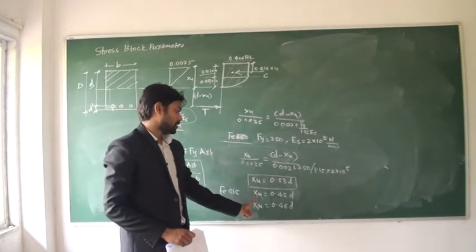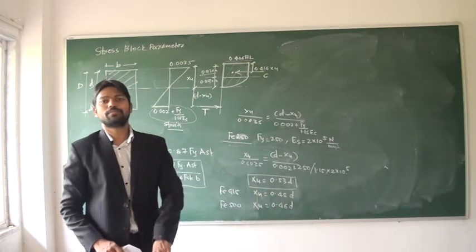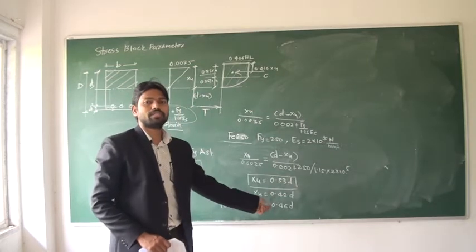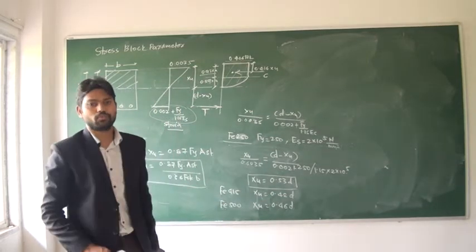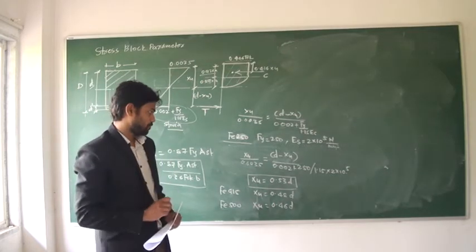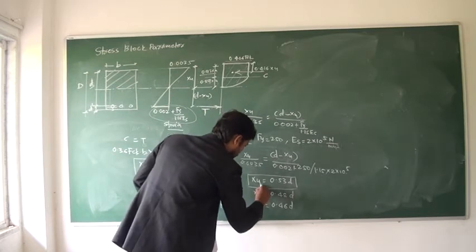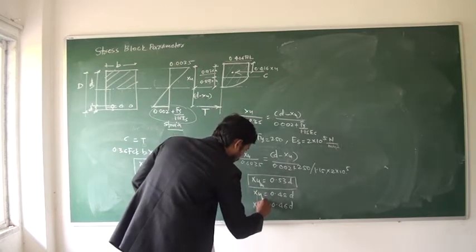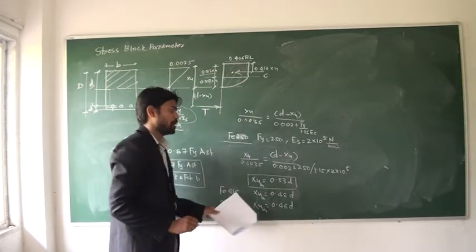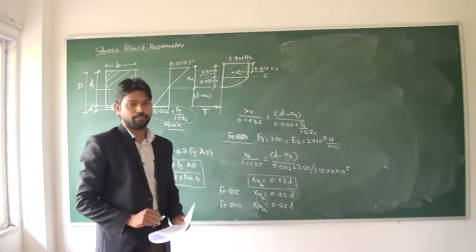If your depth of neutral axis is less than this value, your section is under-reinforced. If it is more than this value, the section is over-reinforced. So these are called limiting values of neutral axis: 0.53d, 0.48d, and 0.46d.